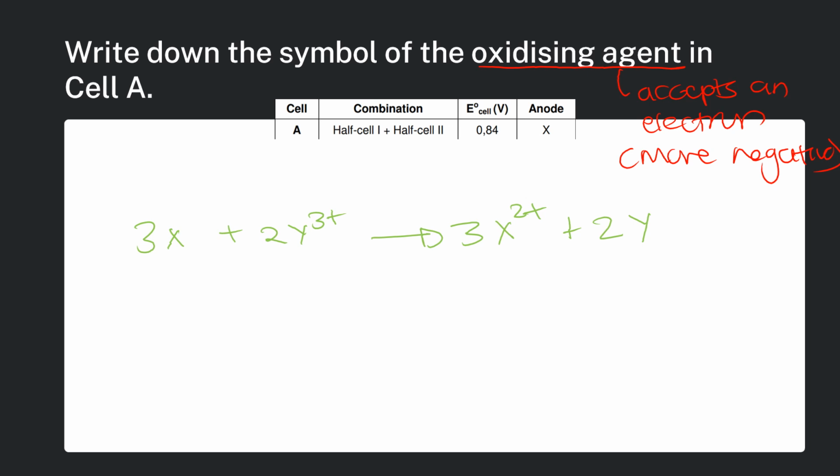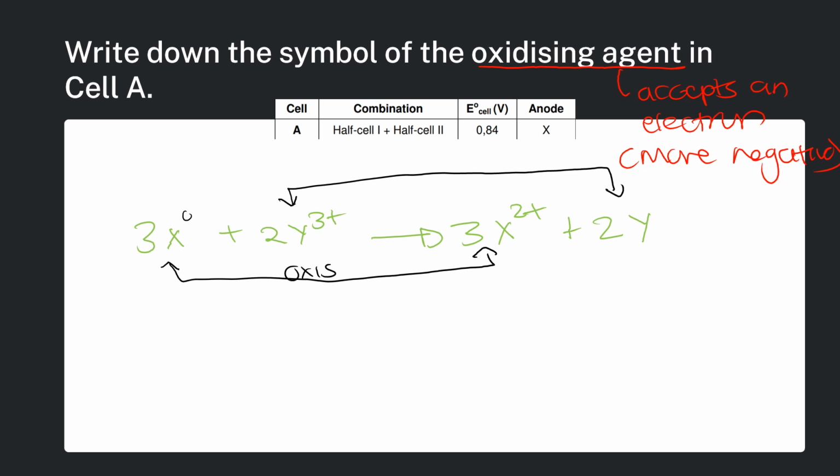As you can see, X went from neutral to a 2+ cation, so it is oxidized, and Y went from Y3+ to neutral Y. That means it is reduced, meaning that Y managed to get electrons from X. So Y accepted the electrons, and hence our oxidizing agent would be Y3+.